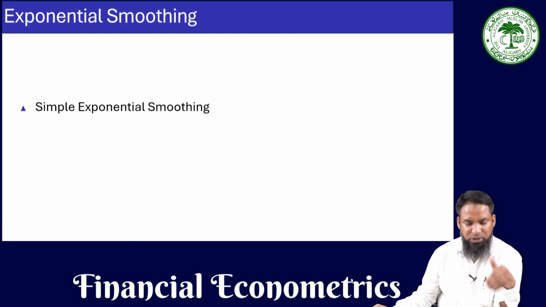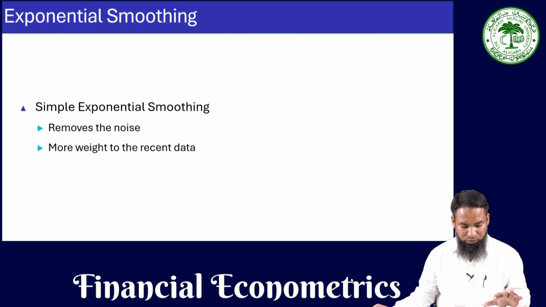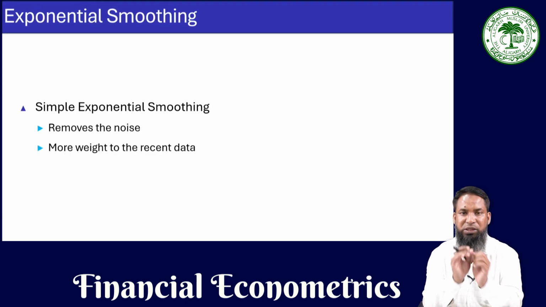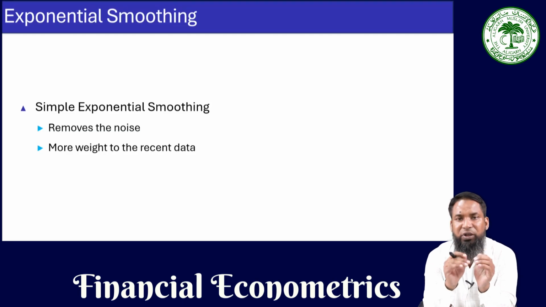So in the case of the simple exponential method, again we try to remove the noise, but we use a different method. The principle of this simple exponential method is that more weight should be given to the recent data.